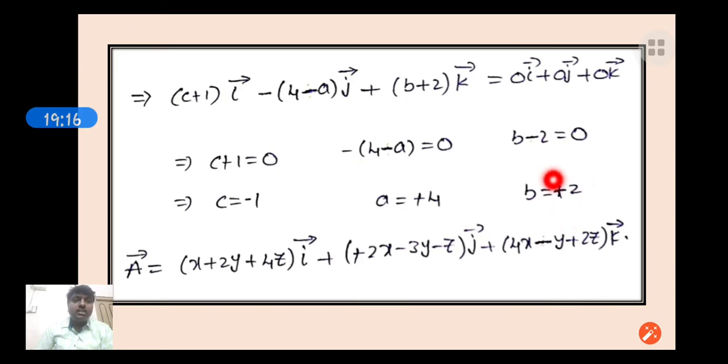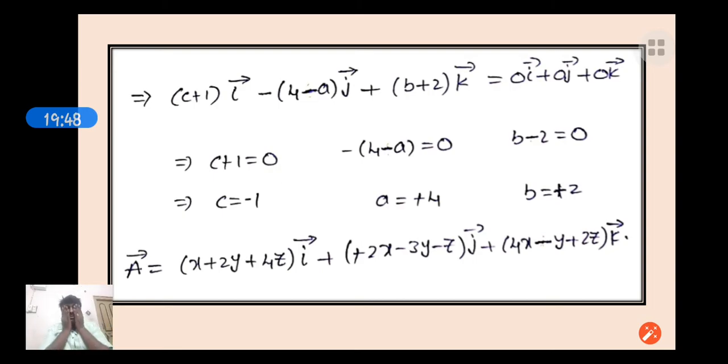Finally I get the values: a is equal to 4, b is equal to plus 2 and c is equal to minus 1. These values you have to replace in the given vector point function. A bar is equal to (x plus 2y plus 4z) i bar plus (2x minus 3y minus z) j bar plus (4x minus y plus 2z) k bar, by replacing a, b, c in the given vector point function.